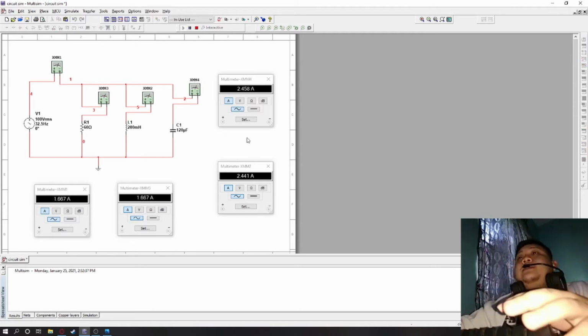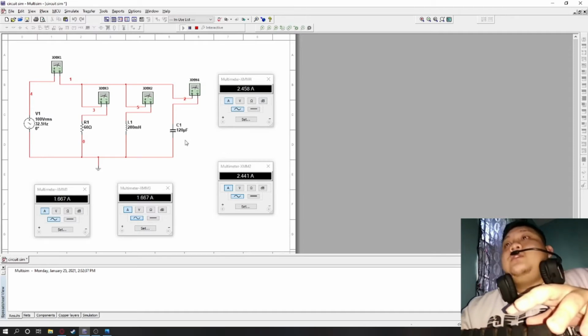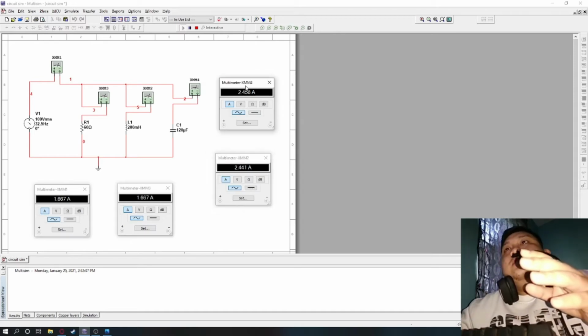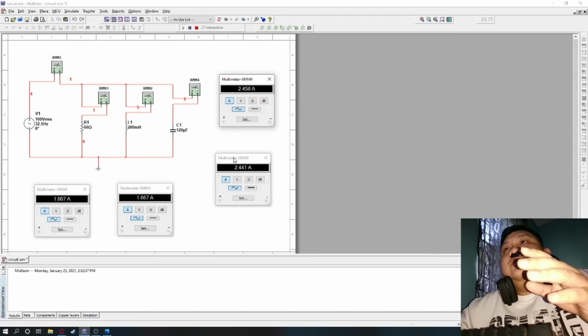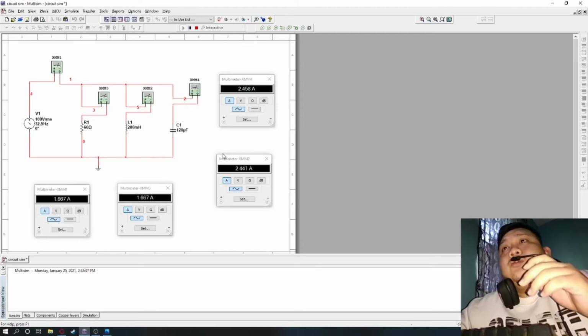As you can see, the IL1 and the IC1 are exactly the same, the same value, the highest value that I can get, the same one for the IL1 and the IC1, which is 2.5 in the calculation.